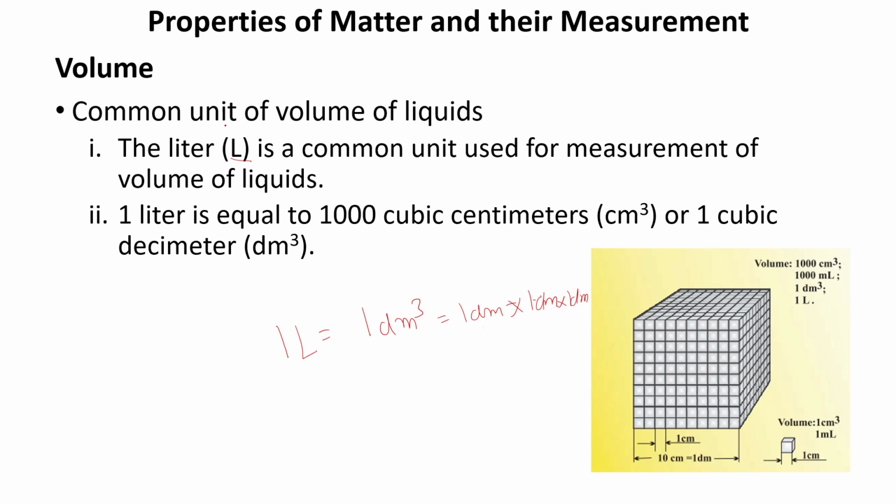So 1 liter is equal to 1000 cubic centimeter, because 1 decimeter is equal to 10 centimeter. If you put 10 centimeter three times, you get 1000 centimeter cube. So 1 liter is equal to 1 decimeter cube, which is equal to 1000 centimeter cube.